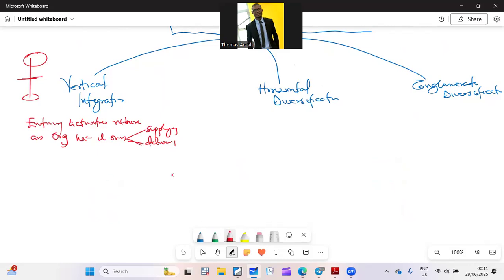All right. So per this definition, we can have what we call backward integration.